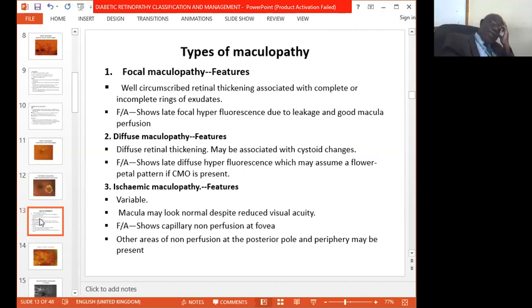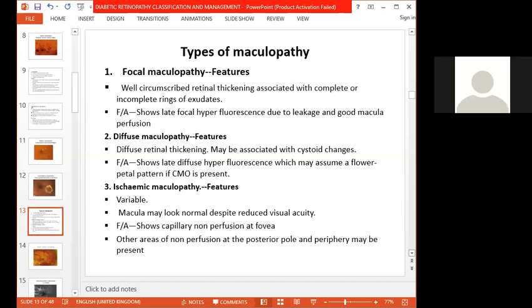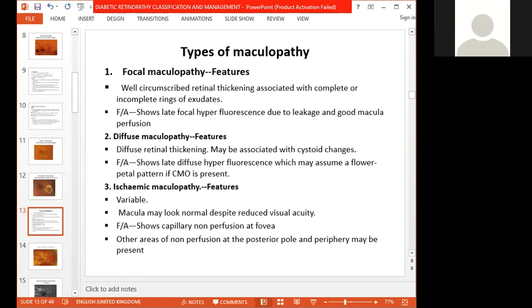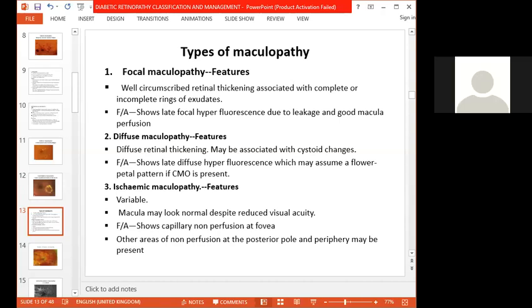Types of maculopathy. I think I briefly talked about it in the earlier slide. We've got focal maculopathy, where you have well circumscribed retinal thickening associated with complete or incomplete rings of exudates. A good one is this one we've just seen.